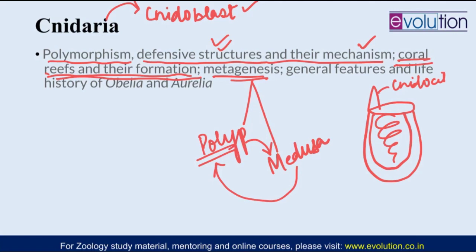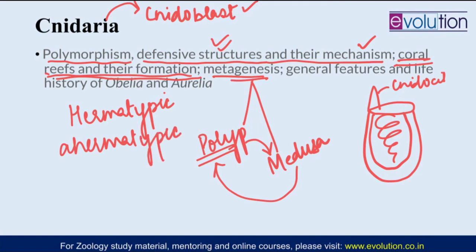All those coral polyps which are forming coral reefs are called hermatypic, but those polyps which are not a part of reef formation are called ahermatypic. So you have to describe these two types within the coral polyps.